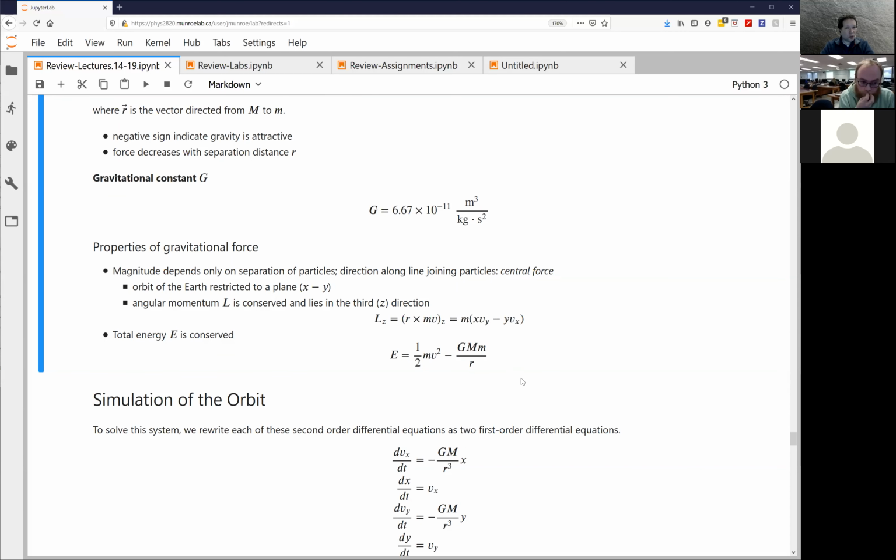We did not do an example in lecture of actually showing what the energy of a planet would be as it went around. We did not do an example in lecture of what the momentum of a pair of planets would be as they went around. But these are oscillatory systems. We did talk about how to look at diagnostics like energy and momentum for oscillatory systems like pendulums.